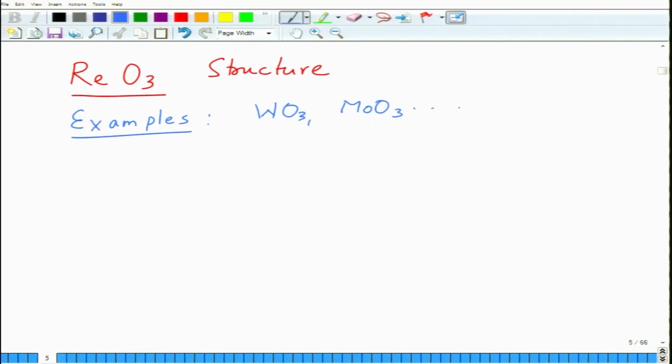In this compound, the stoichiometry, as you can see, is MX3, and basically this structure is like this.